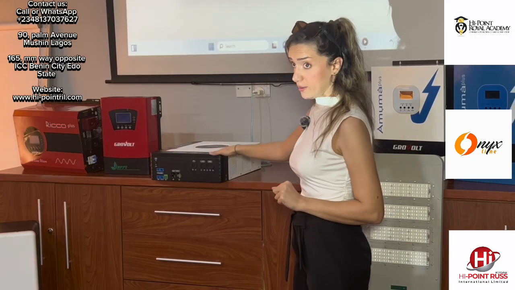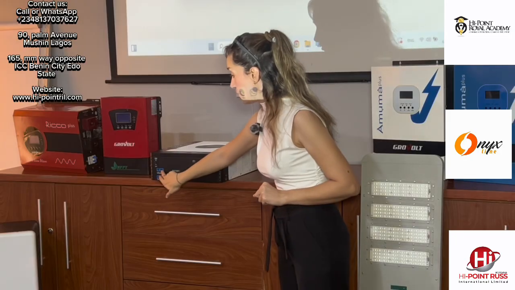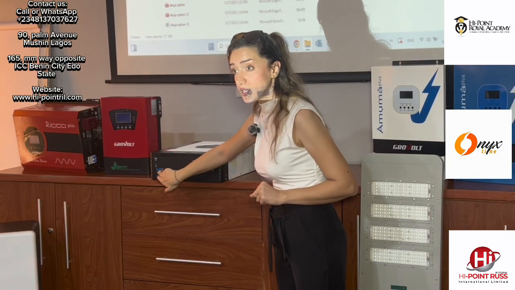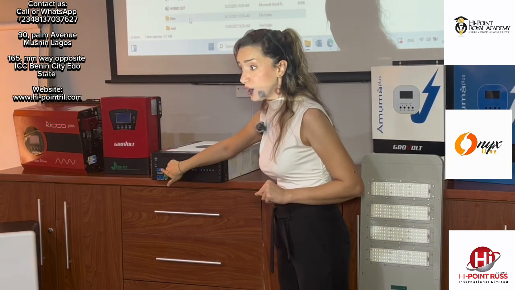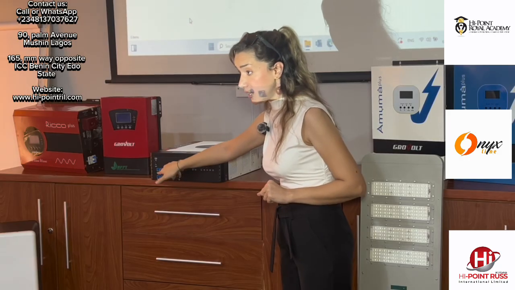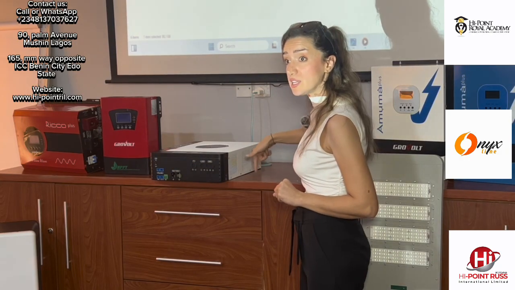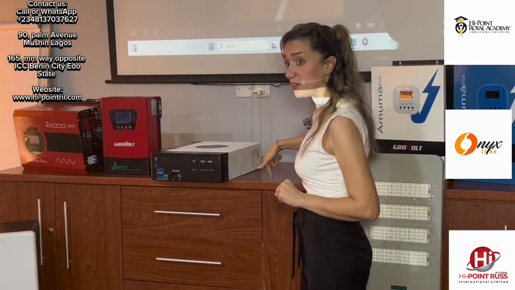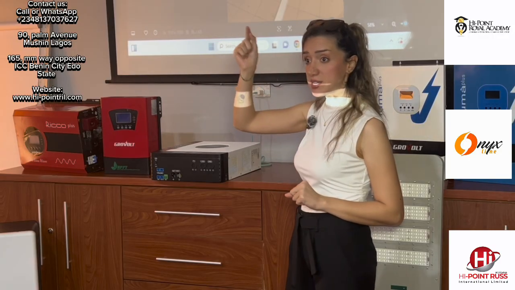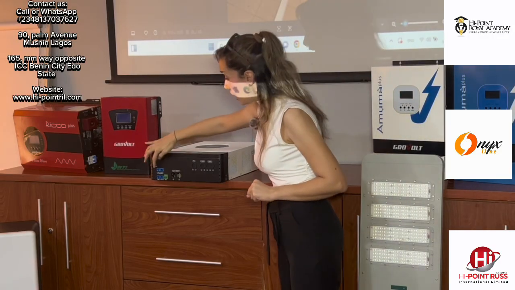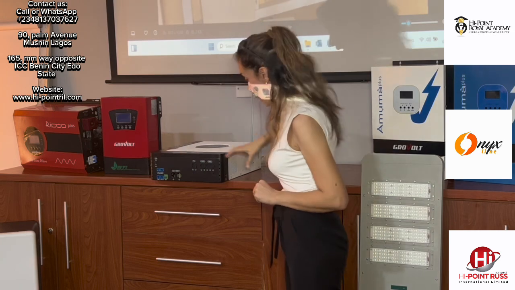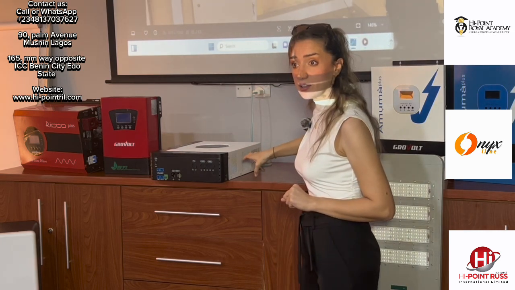How do I parallel these 2 inverters? From the second port, I take the cable from here to the first port in the second inverter. Then I bring the RG. I will close the beginning and the ending. Okay?